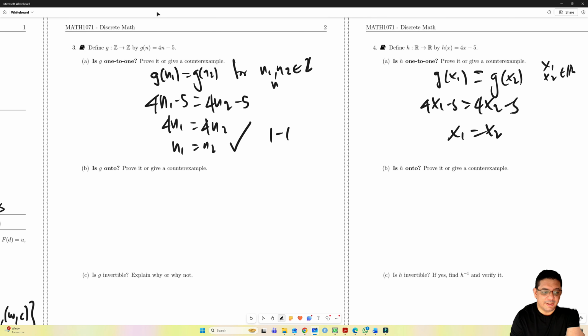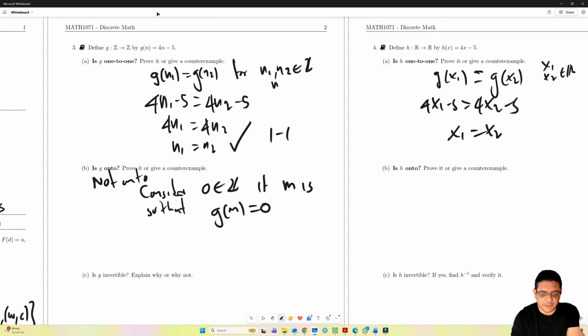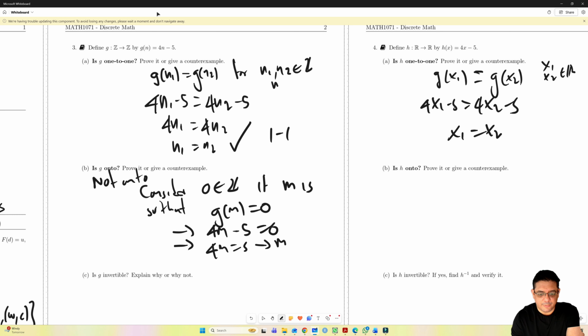Now, in this case, g is not onto. Consider, let's say, 0 that belongs to the integers. If m is such that g of m is equal to 0, that implies that 4m minus 5 is equal to 0, but that will mean that 4m is equal to 5, or that m is 5 over 4.